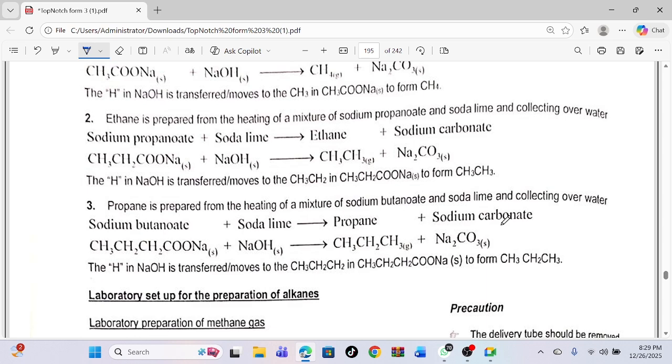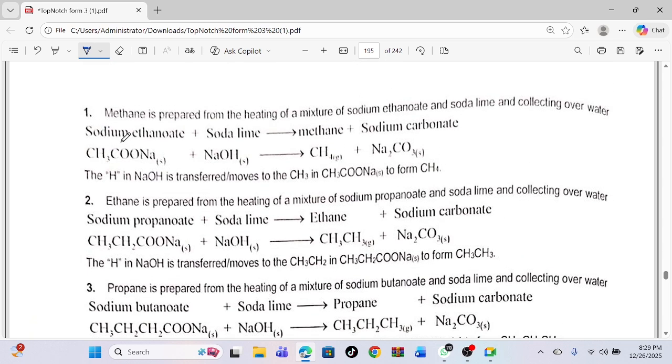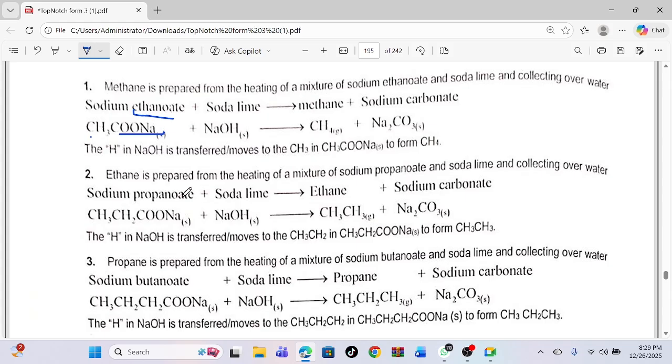So let's come here. So this sodium ethanoate naandikwa hivi. So itakuwa CH3. Itakuwa tu C moja hapa na C nyingine hapa inachukuliwa na kuna. Plus sodium hydroxide itakuwa ethane plus sodium carbonate. If I want to prepare ethane, I will take sodium propanoate.